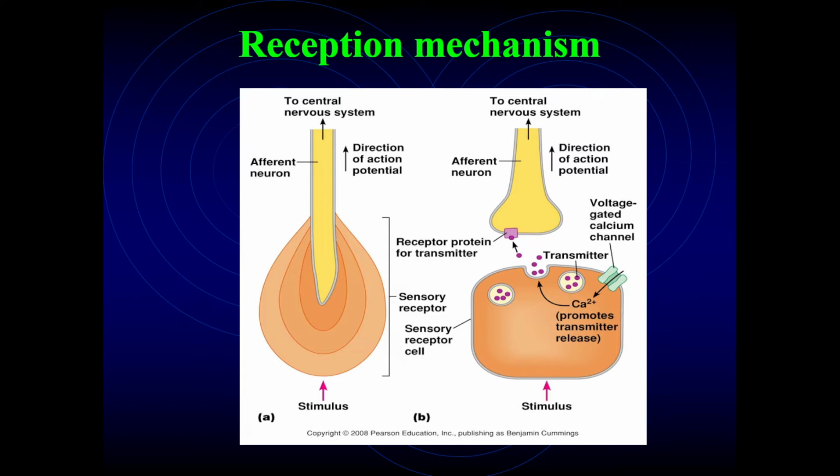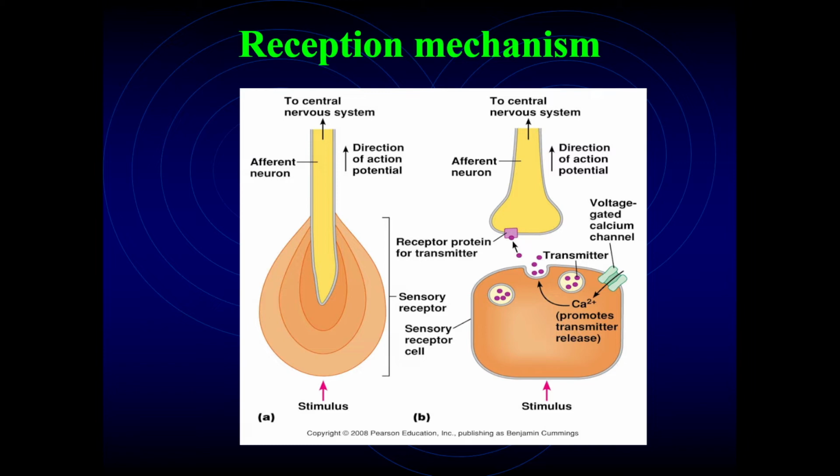As a result, an ion current arises which causes the formation of a receptor potential, abbreviation RP.